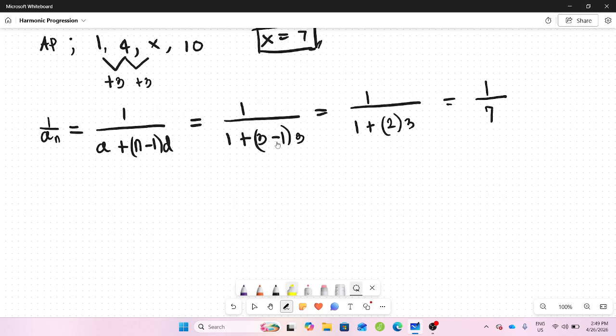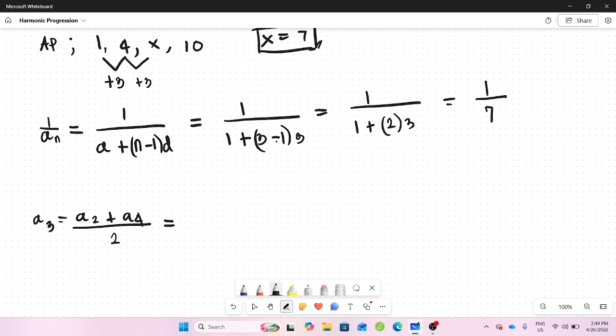So the value of our x here is actually 7. Now, I'm going to use another approach in solving the value of x using the concept of mean. I know that a3 is the mean of a2 plus a4, then we divide this by 2.